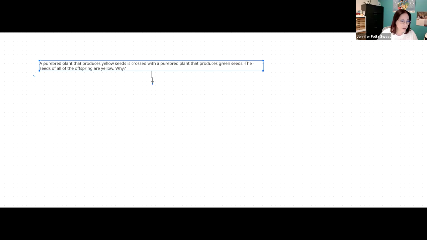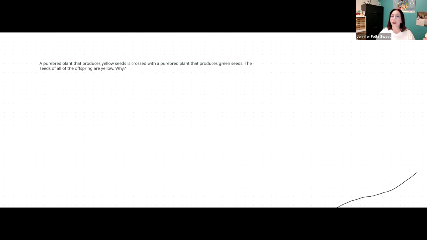Okay, a purebred plant that produces yellow seeds is crossed with a purebred plant that produces green seeds. The seeds of all the offspring are yellow. Why? So before you guys answer that, a purebred plant, what does that mean?